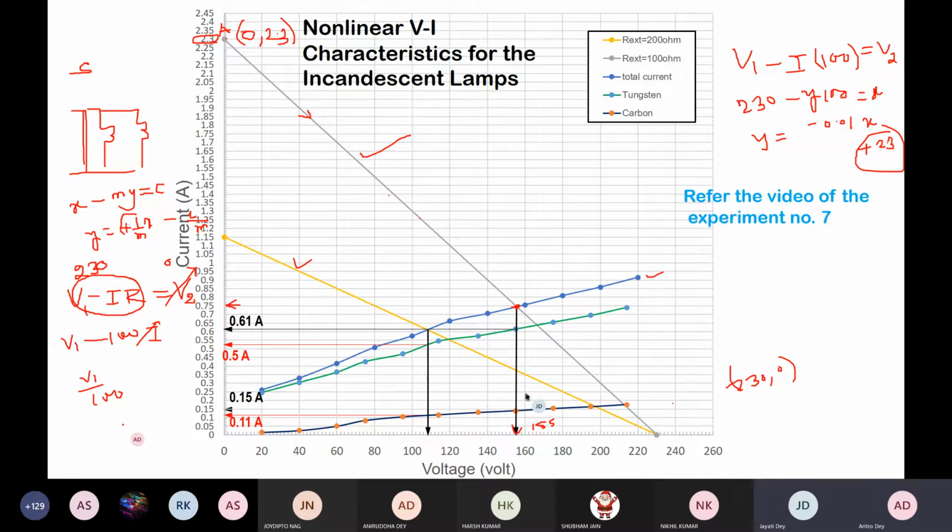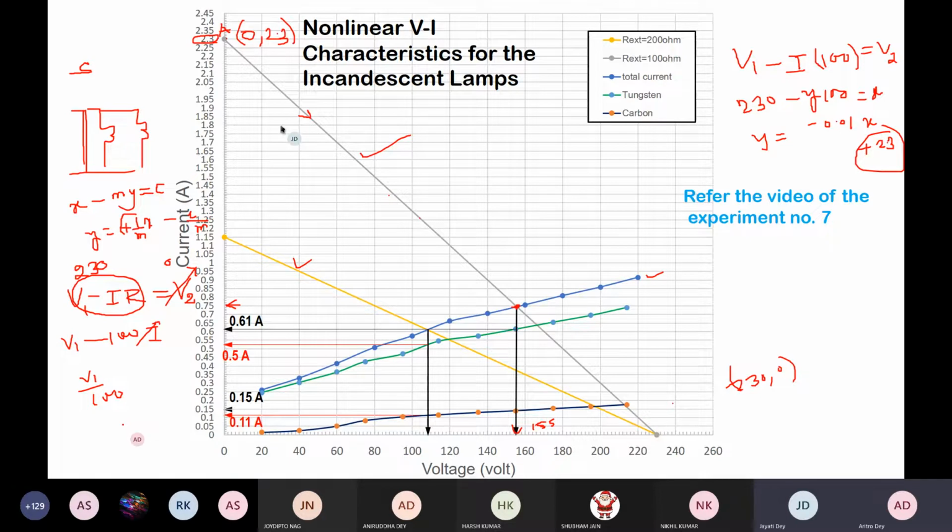Here the method is shown, that when the load is present and when the load is absent, we have to correlate between these. How? When 230 volt is provided and the external resistance is present, then at a single point these two characteristics, with load and without load, intersect with each other, and this is the point which gives us the voltage across the lamp.